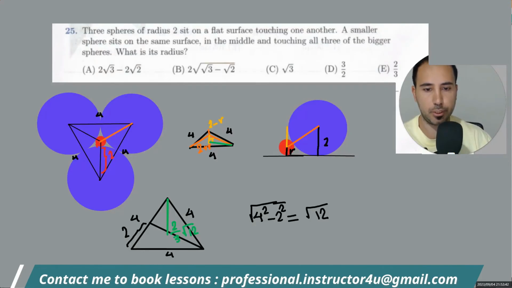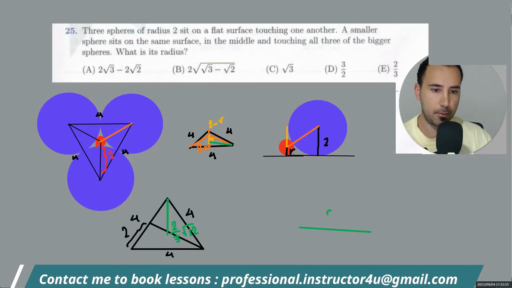Maybe I could just redraw it again to make sure everybody understands. So I will redraw everything. There will be this green one going like this, which is 2/3 of the square root of 12. There is a height of 2 minus r.